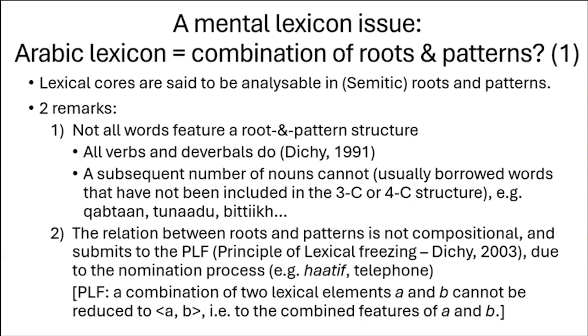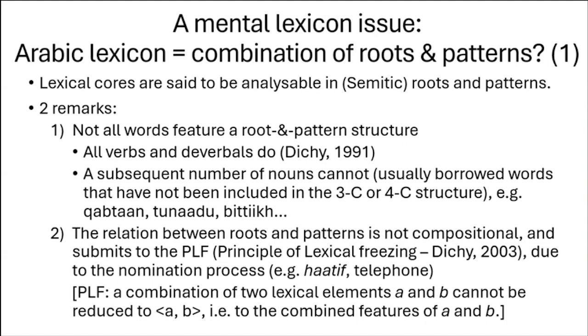And then the relation between roots and patterns is not compositional. It submits to a principle of lexical freezing due to the nomination process. That is, when do you put together one root and one pattern to make a word? It's when you have to name something which has not been named before, for the first time. For instance, you need a word for telephone.